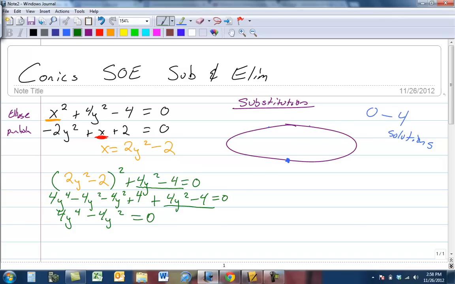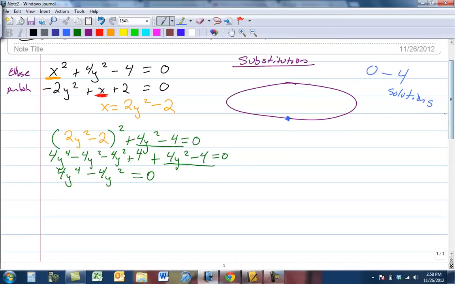But now we've got to solve this. We've got y squares and even y to the 4th, so we're going to have to factor this. Whenever we factor, the first thing you always look for is a greatest common factor. In this case, they both have a 4, and they both have y squareds that come out.